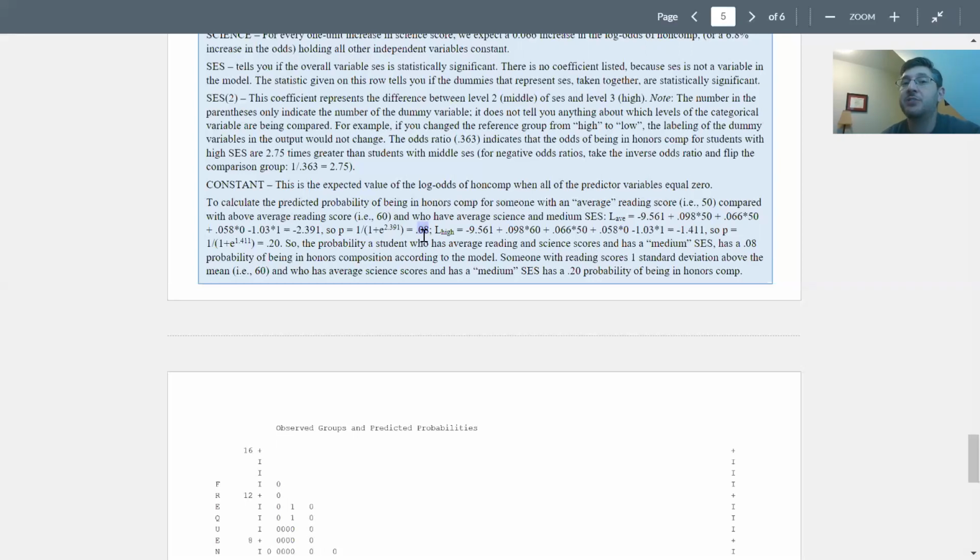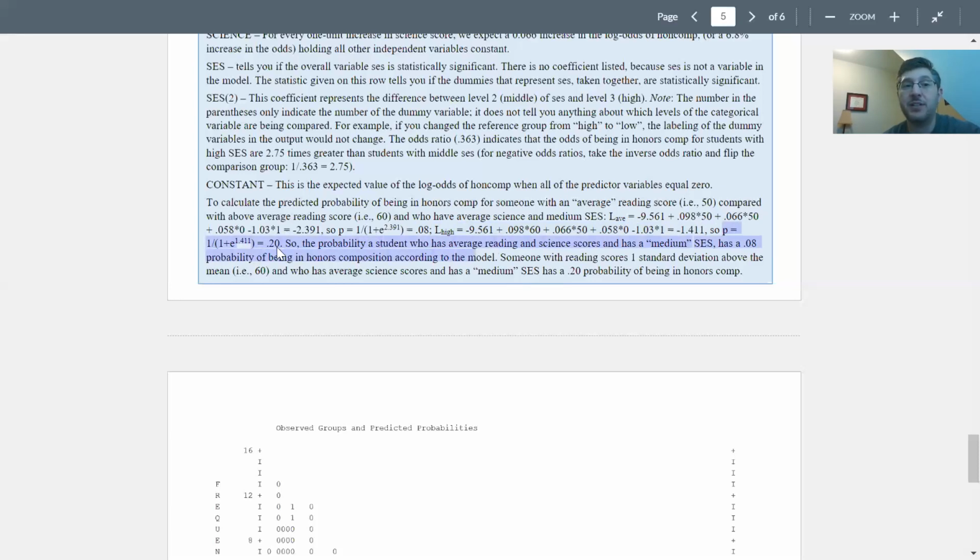So someone who has, let's say, a high reading score, say 1 standard deviation greater than the mean, we plug in 60 here for theirs. The science score is still 50. They're still in the average or middle SES group, medium SES group. We calculate their logit and then change that into a predicted probability.